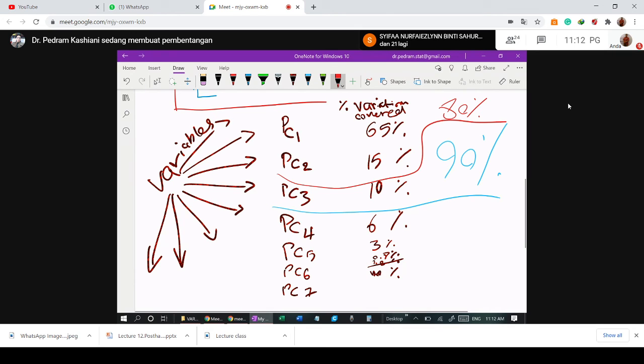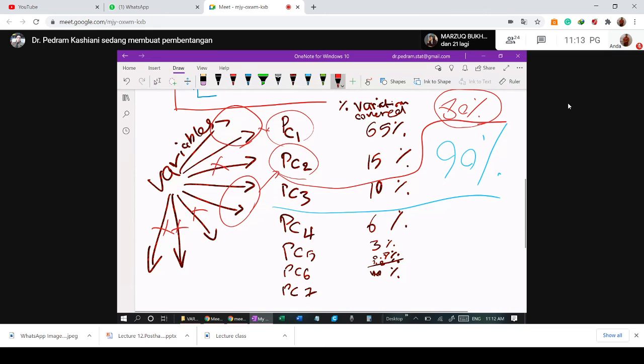So instead of measuring these 7 variables, I just measure the variables for PC1 and the variables for PC2. For example, these 2 are under PC1, these 2 are under PC2. So next time, I don't need to get data from these variables anymore. I only get data from these 4, and I know these 4 give me 80% of all variation.